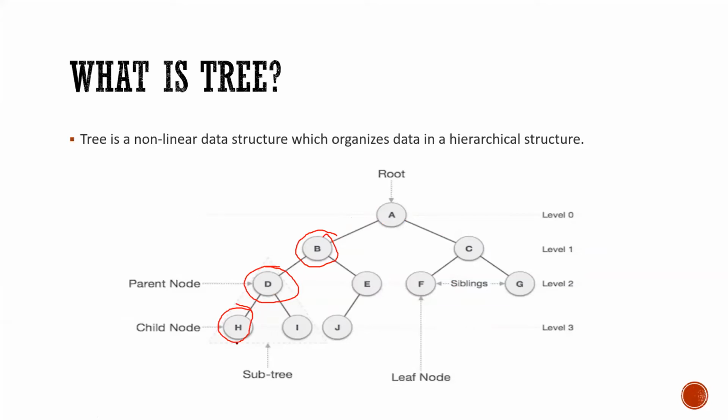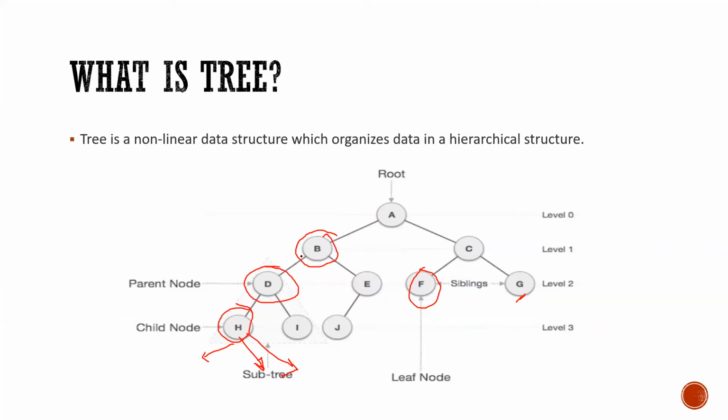But H doesn't have any child nodes, right? So this is known as a leaf node. The node which doesn't have any child node is known as a leaf node. Like here F and G don't have any child nodes, so these are called leaf nodes.